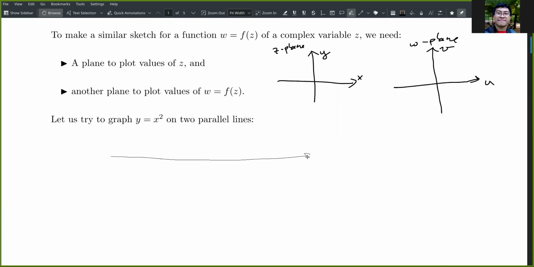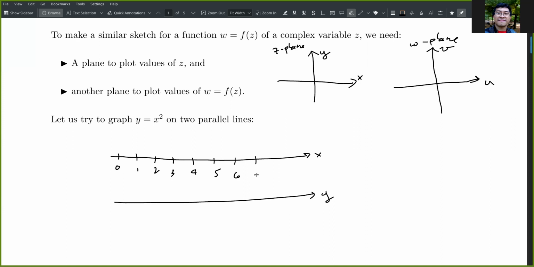So suppose this is the x-axis and this is the y-axis. They have the same scale. So it's 0, 1, 2, 3, 4, 5, 6, 7, 8, 9. Same thing here. There's 0, 1, 2, 3, 4, 5, 6, 7, 8, 9. Now let's add one more, 10.